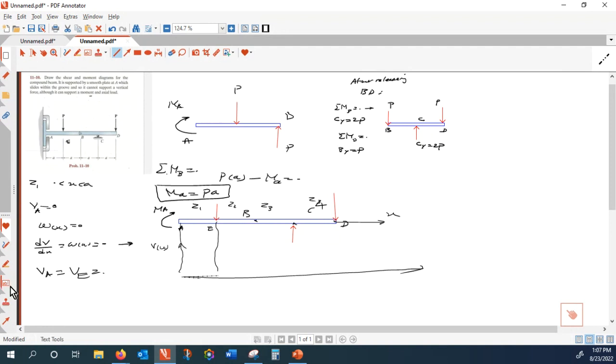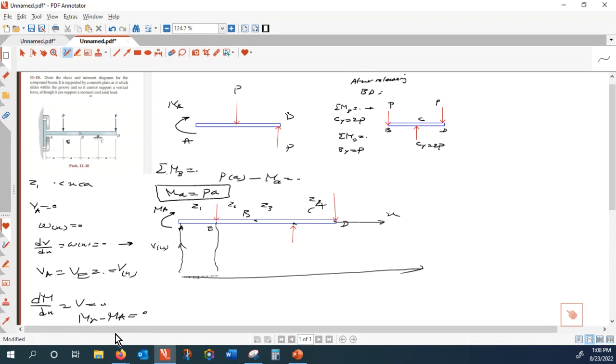All right, now let's plot M of X for the first zone. That is dM over dx is equal to V of X. So this is equal to V of X is equal to 0. And therefore, that gives me M of X minus M of A, that is equal to 0.